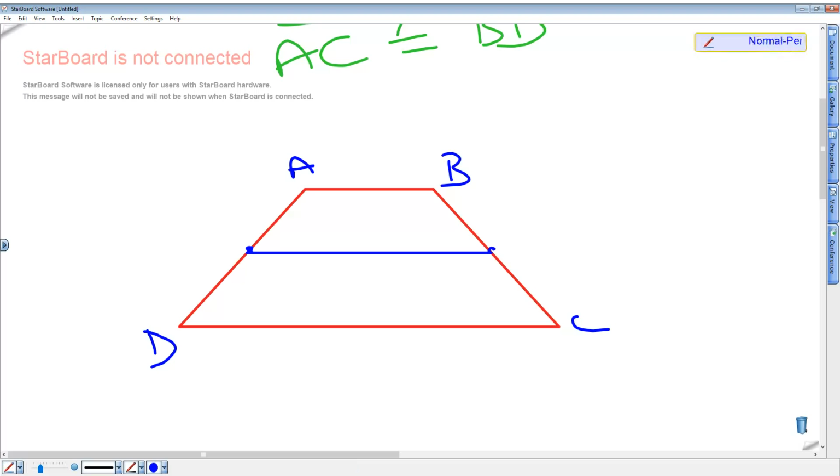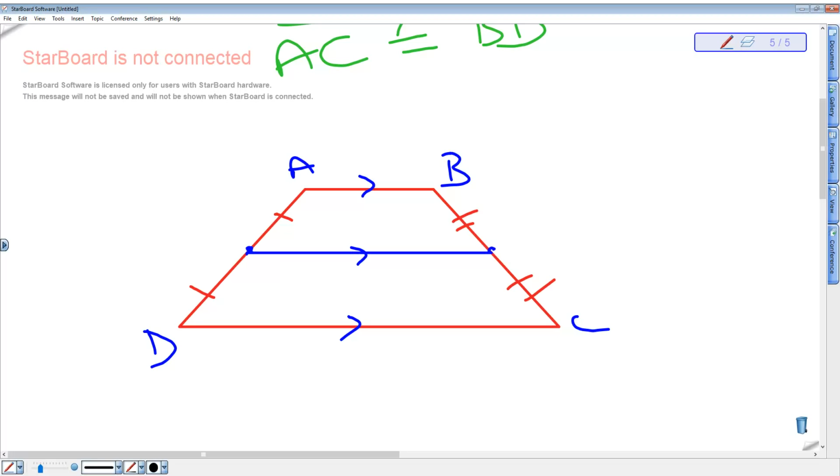This is called a mid-segment. The mid-segment is the average of the two bases, and not only that, all three are parallel. So all three will be parallel to each other. Now remember, the two bases are already parallel. The mid-segment is also going to be parallel. And that means because of the mid-segment, these things are congruent to each other.